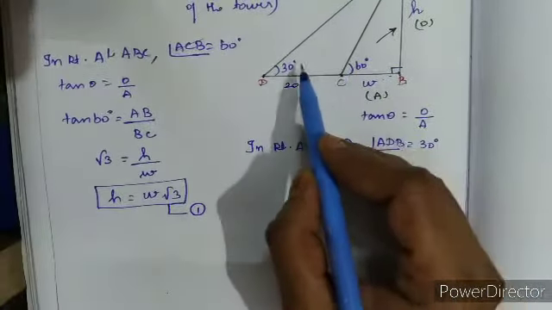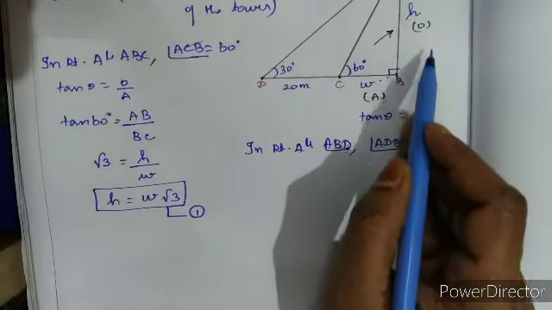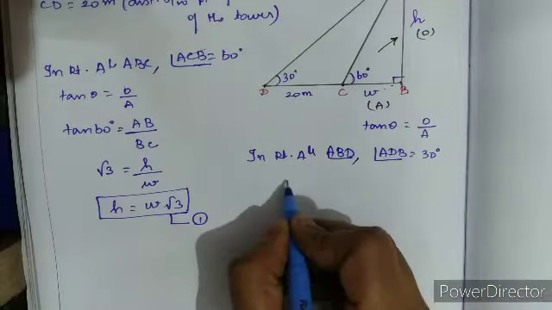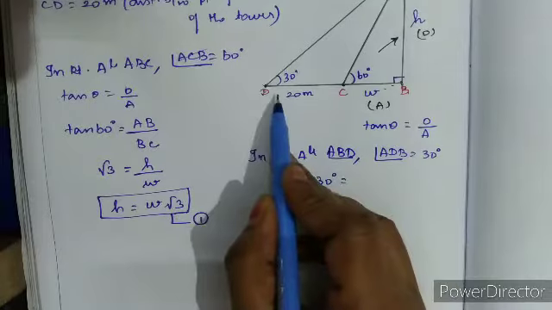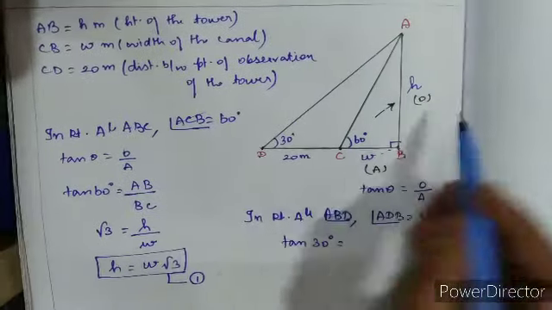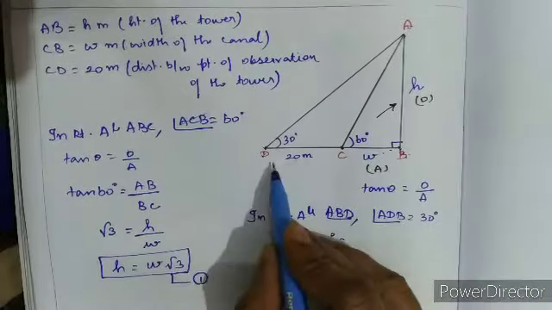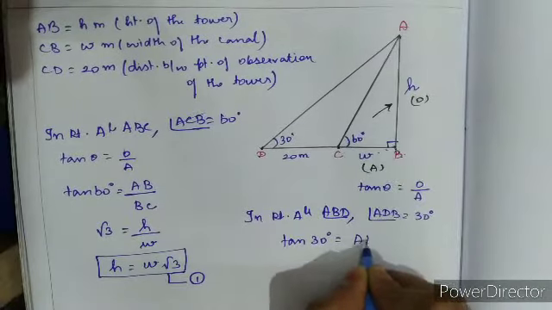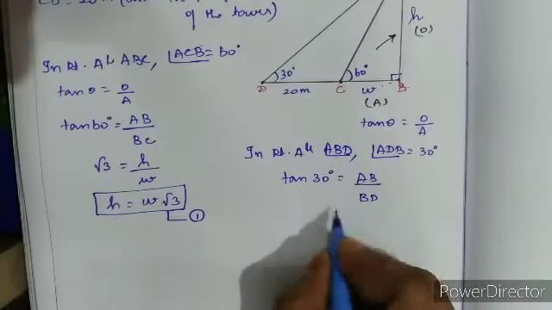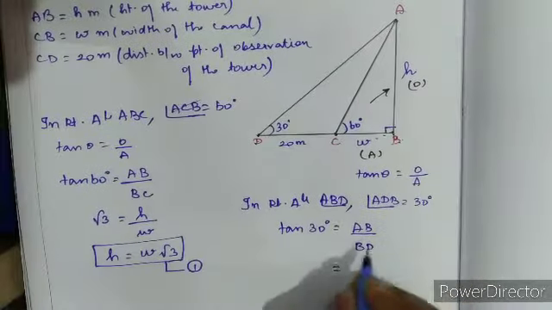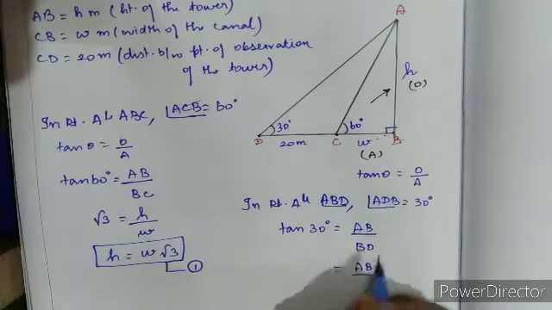As I said, the values we have to find are in the opposite and in the adjacent, so I am going to consider the tan ratio here also. Here it is tan 30, isn't it? So tan 30 is equal to AB by BD.